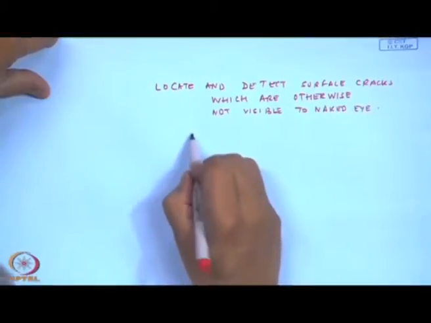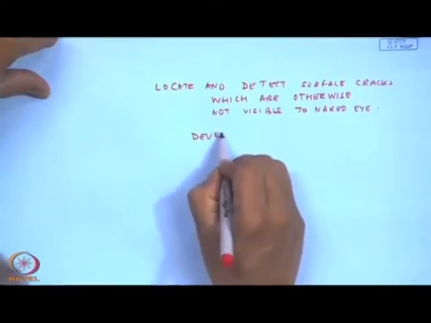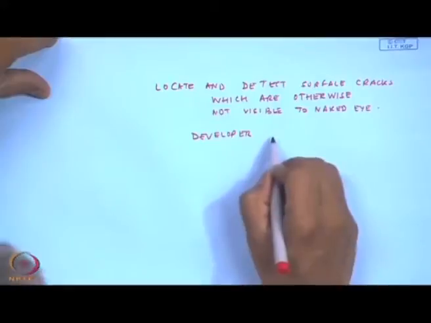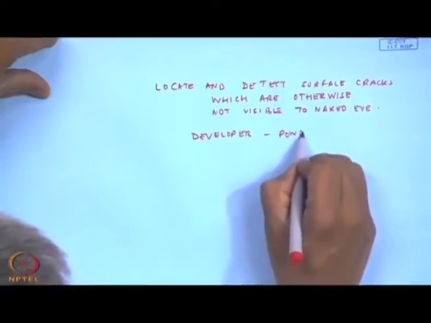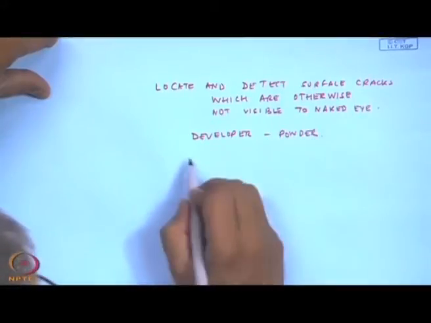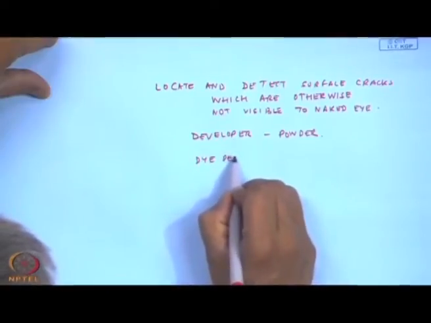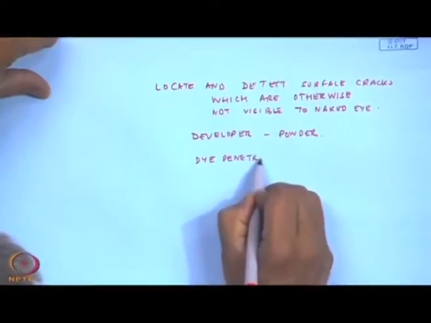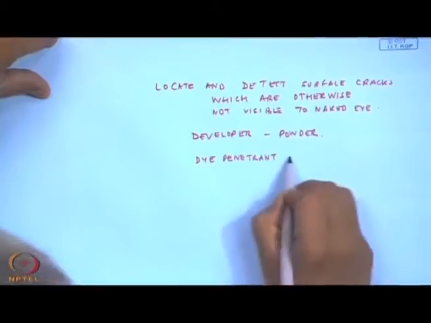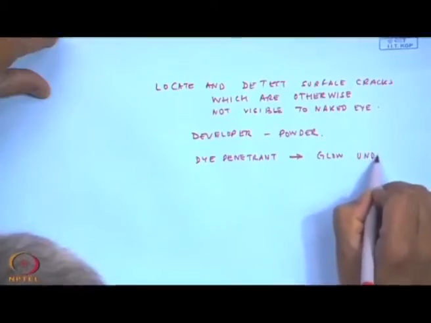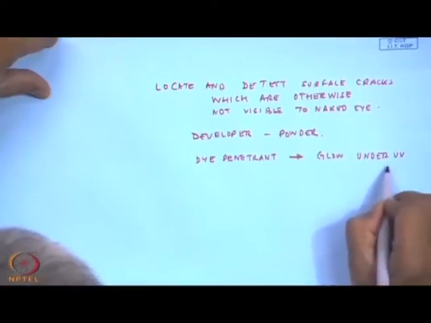So, this developer can be a powder, and the dye penetrant can be made to glow under UV light.